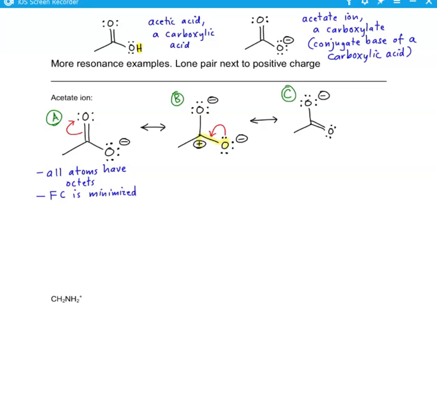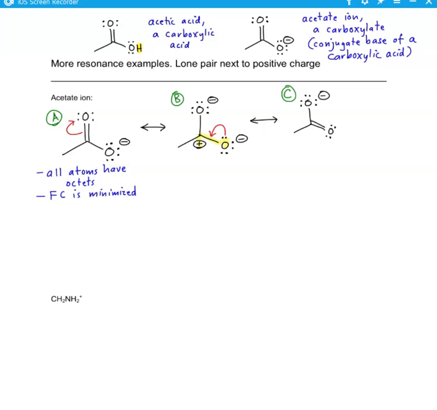Now you might think, well, wait, we have a negative charge. Yeah, but the charge in the structure is still minimized. It's an ion, so it's going to have an overall charge. So you're going to have at least one element that has charge on it. So the fact that we don't have charges anywhere else suggests that we've minimized the charge.